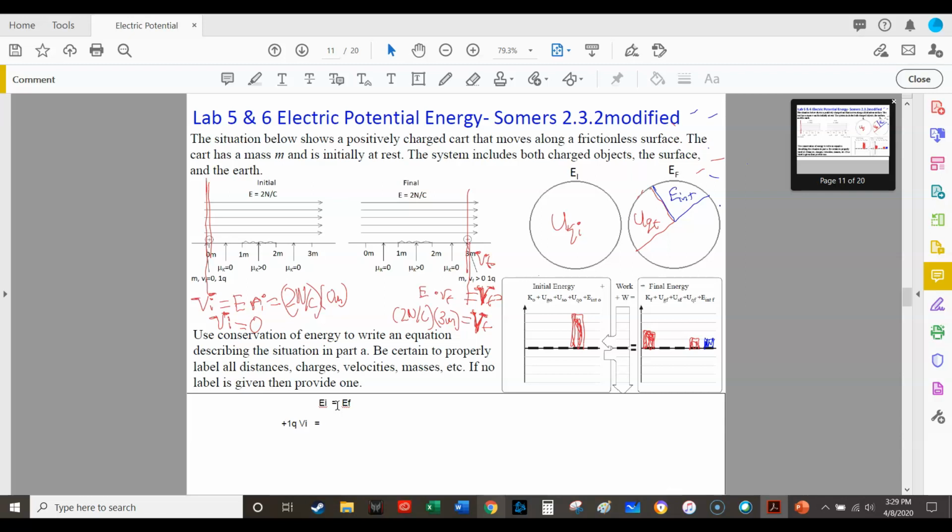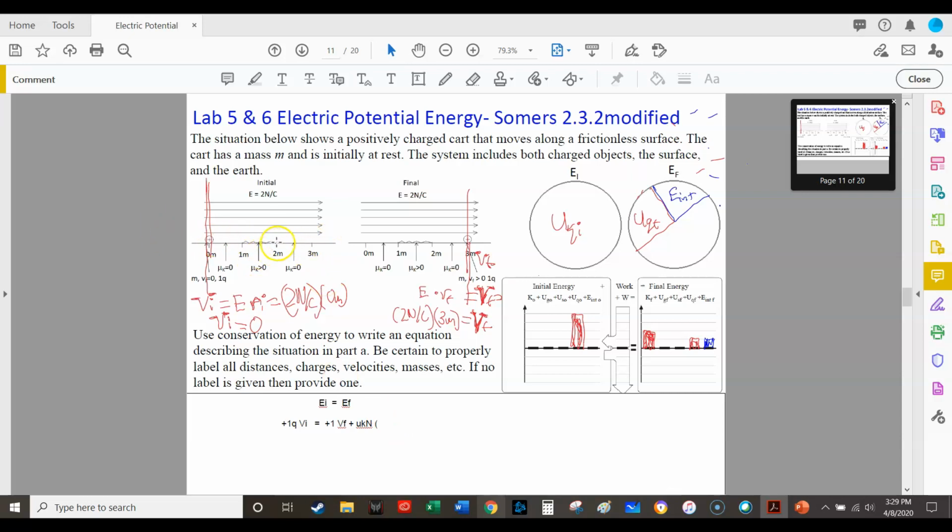And that's going to be equal to the 1Q object times V final plus our heat energy, which is going to be mu sub k, so little u sub k, times the normal force, that's the frictional force, times the distance that it changed, it went across this distance.